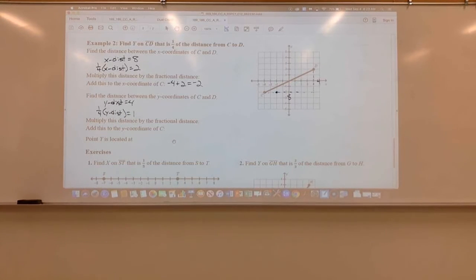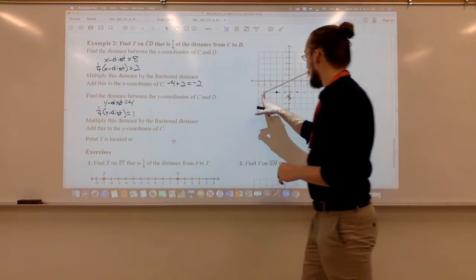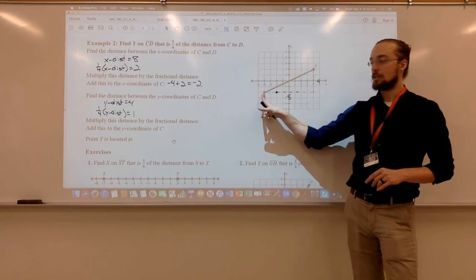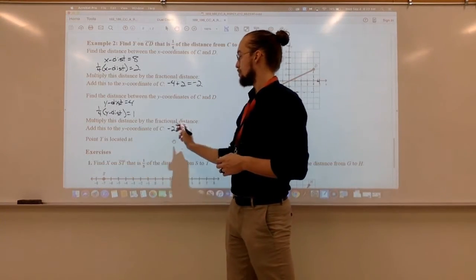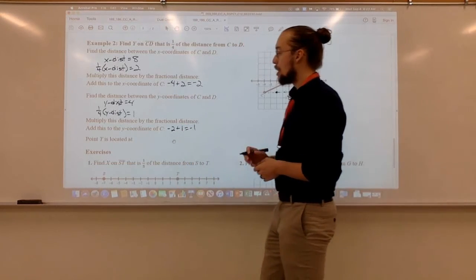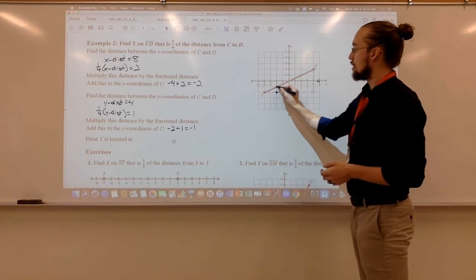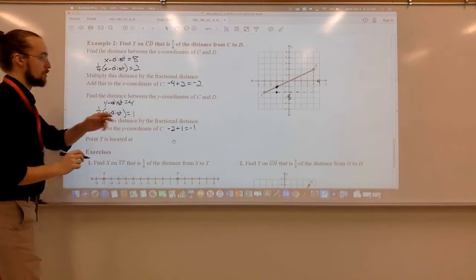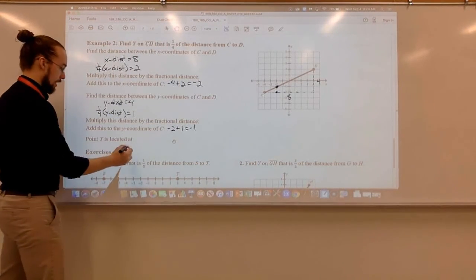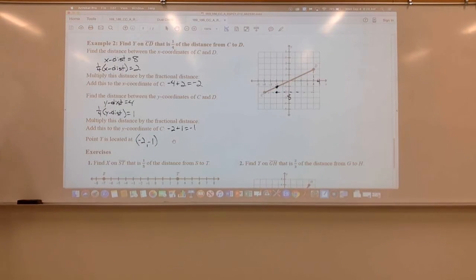So now I want to add that to the y coordinate of C. The y coordinate of C is at -2. So -2 plus this distance gets me that my y coordinate is at -1. Meaning this coordinate point right here is my answer. The point at -2, -1 is the coordinate point that is 1/4 of the distance from C to D.